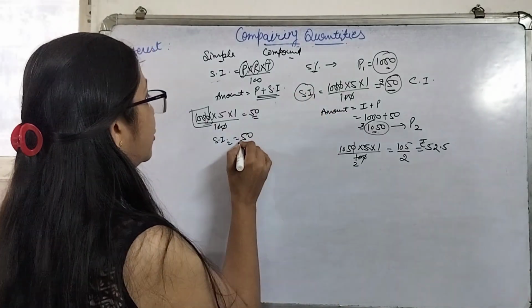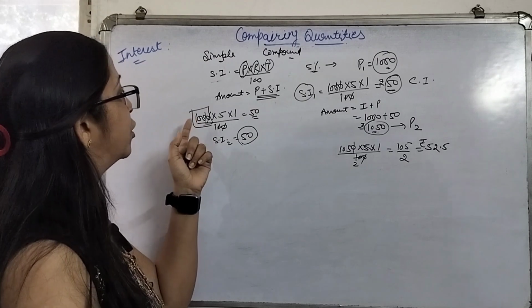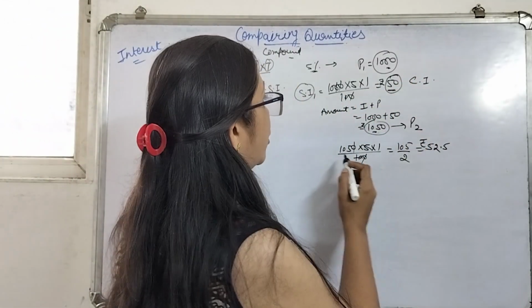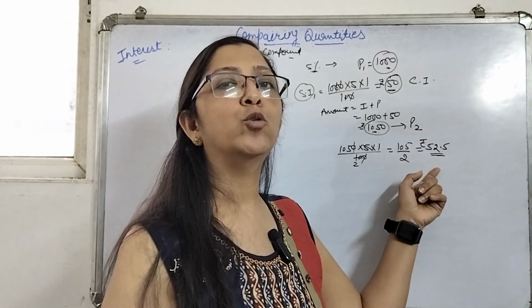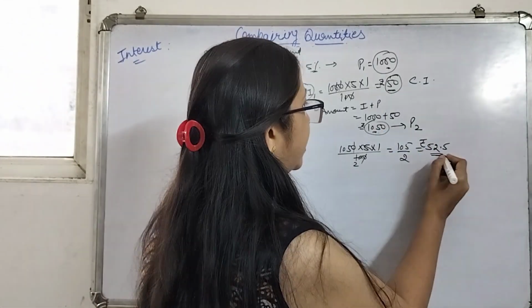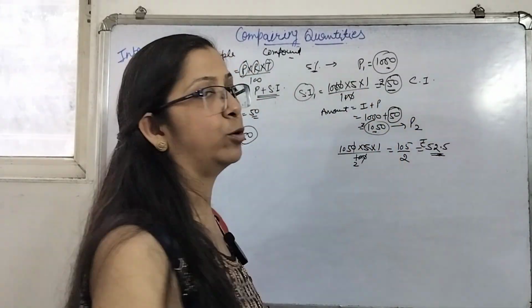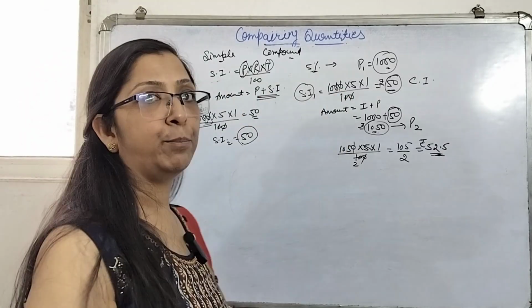For the second year, simple interest will remain 50 only, because in case of simple interest, the principal is the same. But in case of compound interest, the interest for the second year, instead of 50, is 52.5. Why has it increased? Because we have applied interest on this 50 rupees also. So this is the difference between simple interest and compound interest.